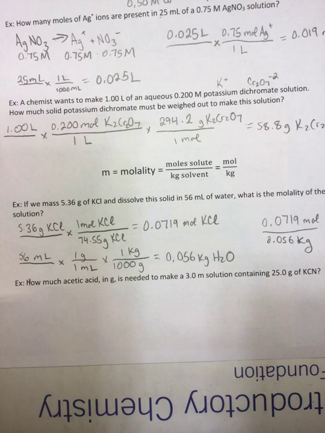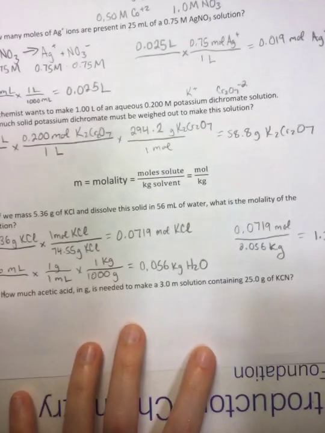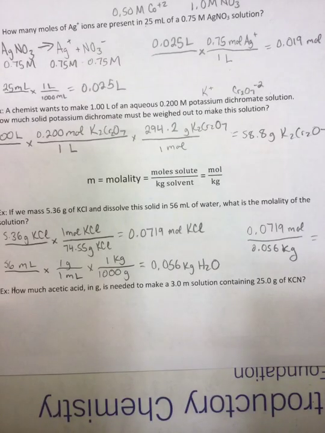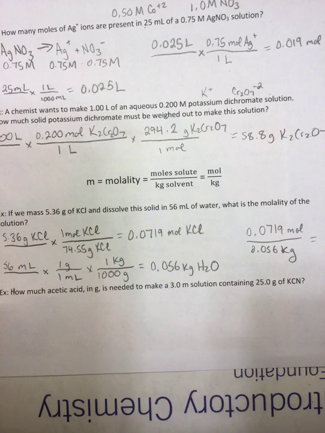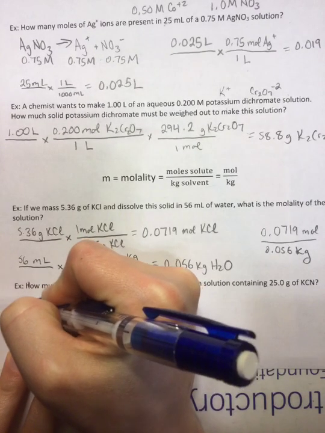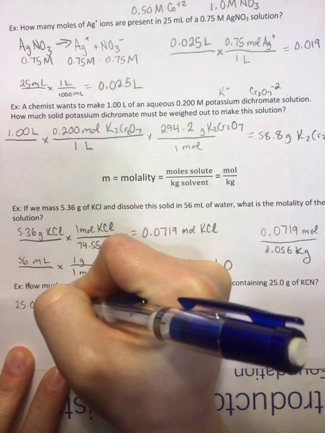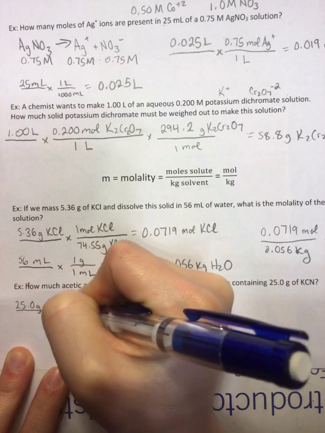So how much acetic acid in grams is needed to make a 3-molal solution containing 25 grams of potassium cyanide? So in order to do this, I need my moles of solute, kilograms of solvent. My solute is going to be my potassium cyanide, so I need to convert this 25 grams to moles.